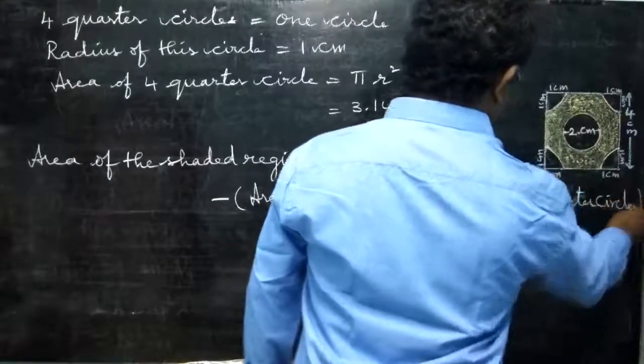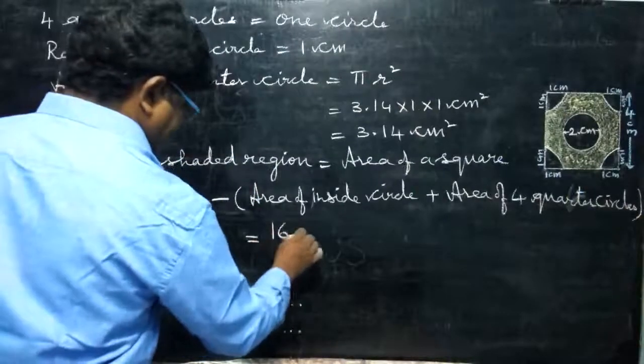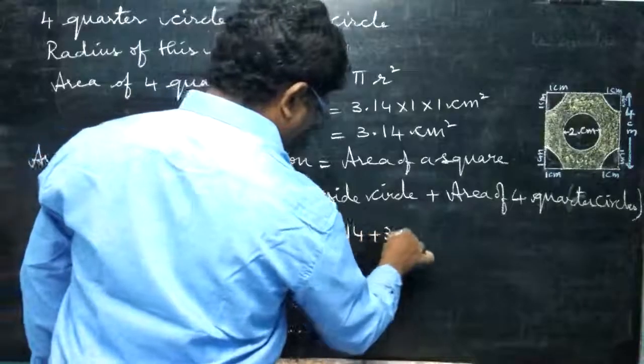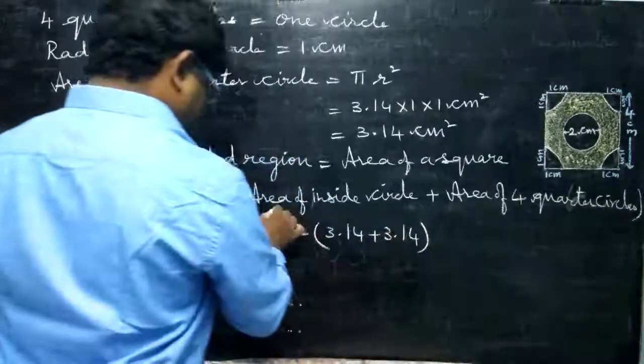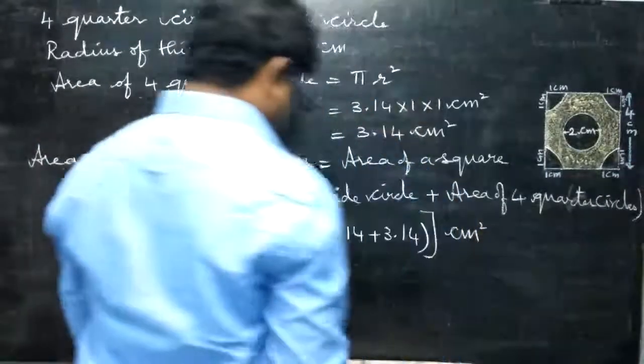So the area of the square is 16 minus 3.14 plus 3.14, square centimeters.